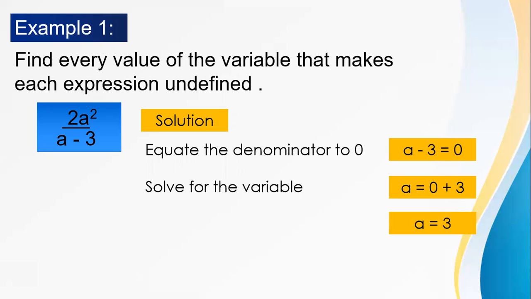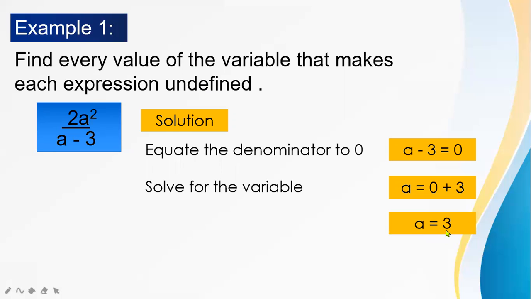And therefore, ang sagot dito, 0 plus 3, the answer is 3. So your a is 3. Now, do you think that a or your positive 3, that the expression na magiging undefined kaya siya?